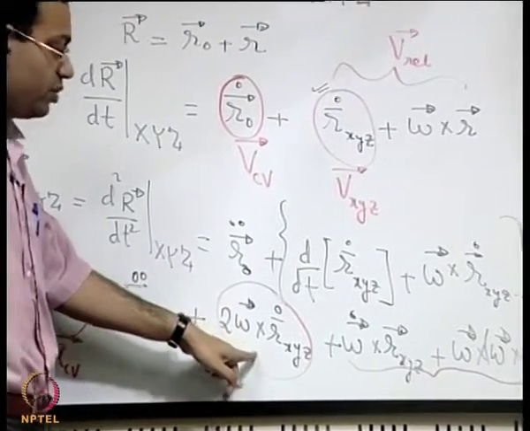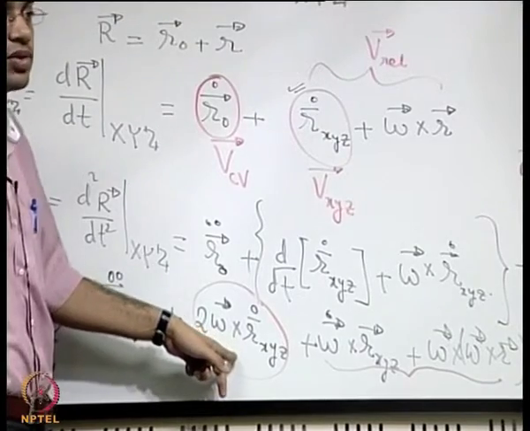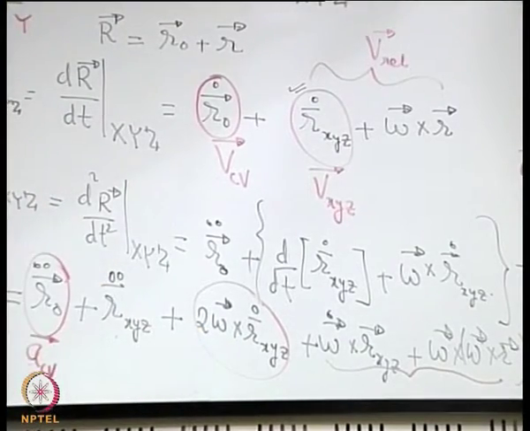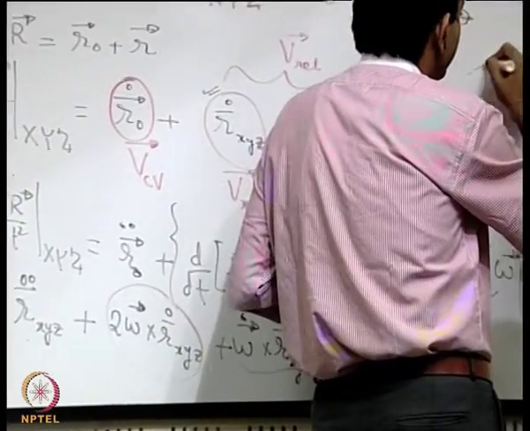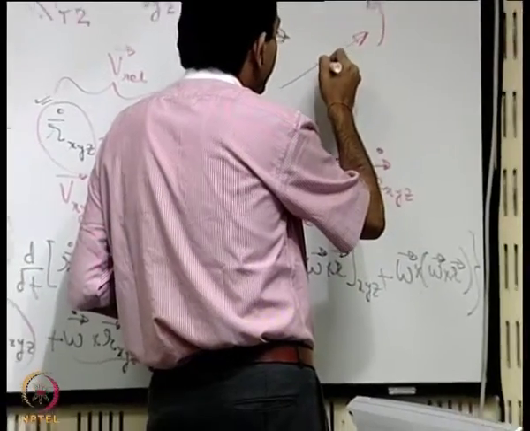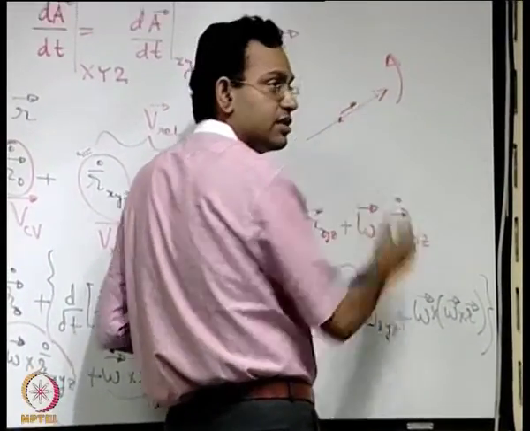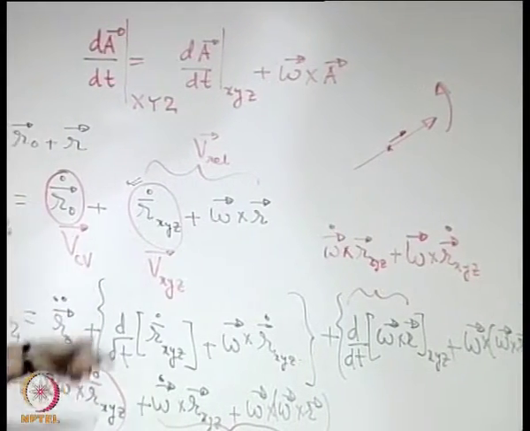So, as you all know, this is called the Coriolis component of acceleration. Where from does this Coriolis component of acceleration come? If you have a reference frame that rotates and relative to that reference frame something translates, the combination of that gives rise to an acceleration.